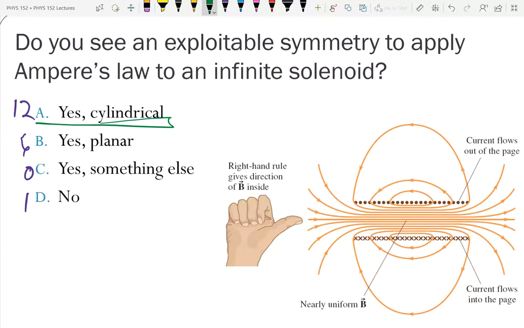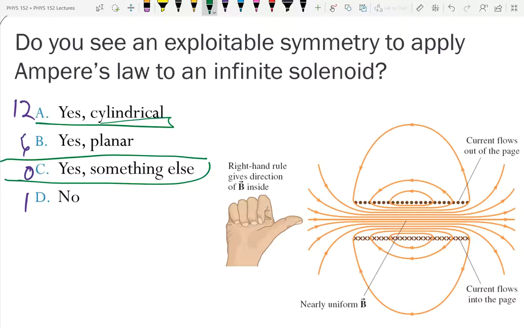The actual exploitable symmetry is something else, because you do have a cylindrical symmetry there, but it's not exploitable. If you made a loop that went in a circle around it, your loop goes this way and the magnetic field is going this way. What's B dot L? If B is perpendicular to L, then B dot L is 0.